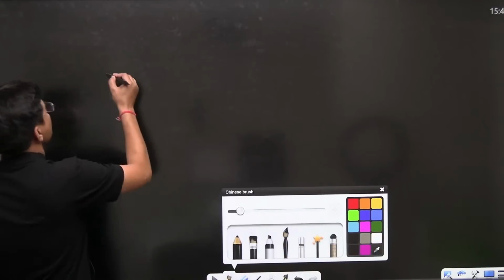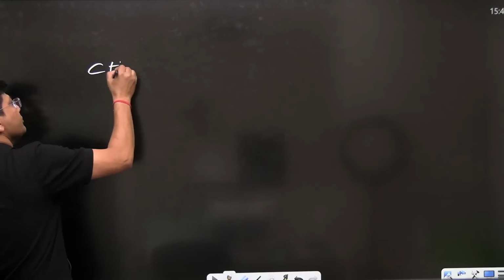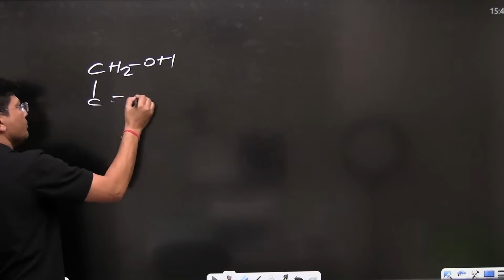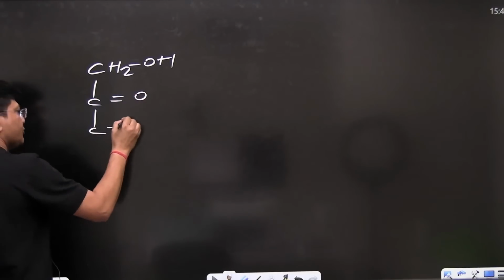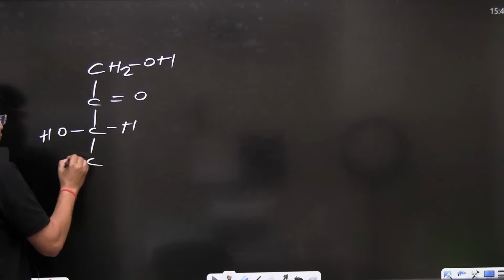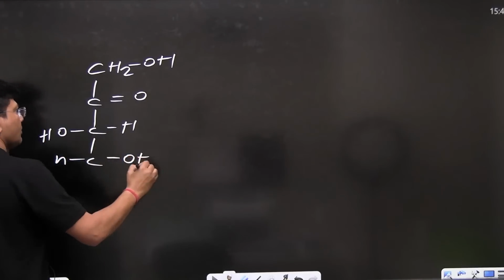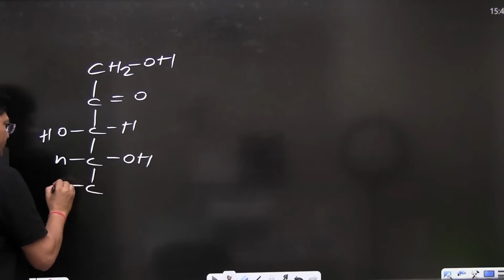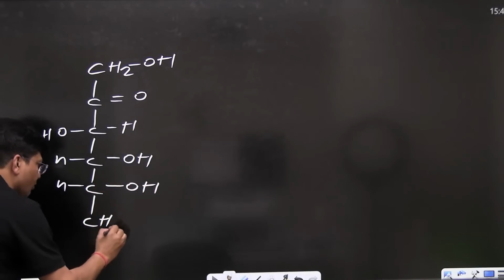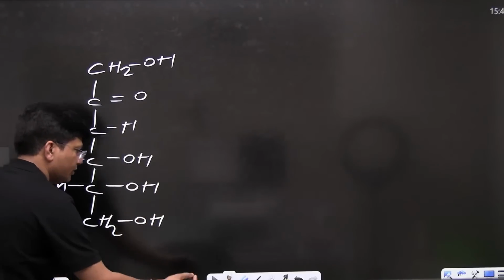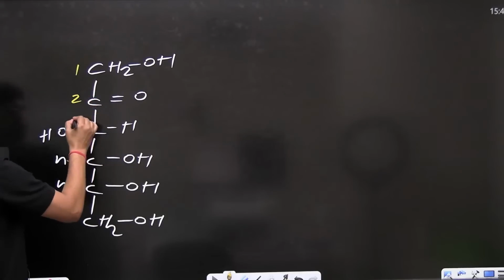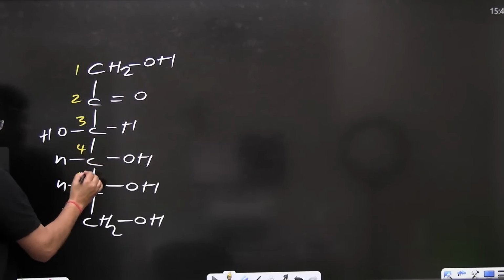CH2OH, C double bond O, CHOH, CHOH, CHOH and CH2OH. Just check it out. How many carbons have I drawn? 1, 2, 3, 4, 5, 6.